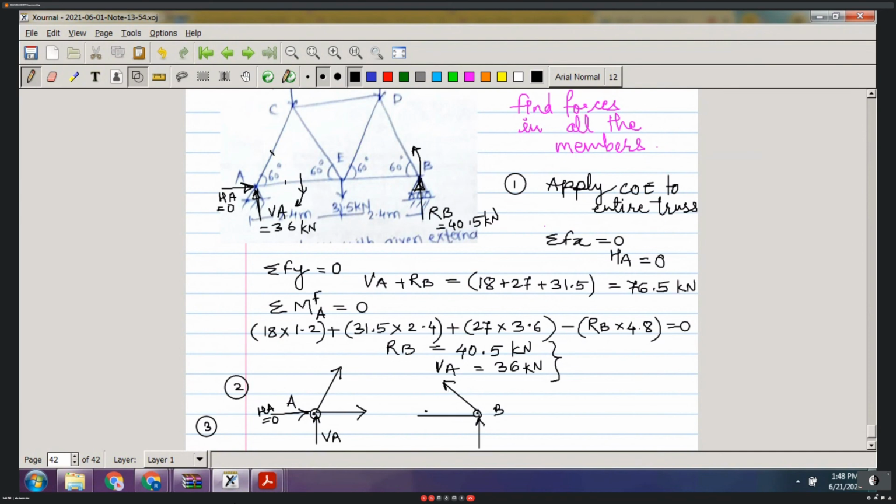Tension is shown by an arrow going away from the joint. Right? Yes, ma'am. So this is force in member AC. This is force in member AE. This is joint B, so it is force in member EB or BE. This is force in member BD.